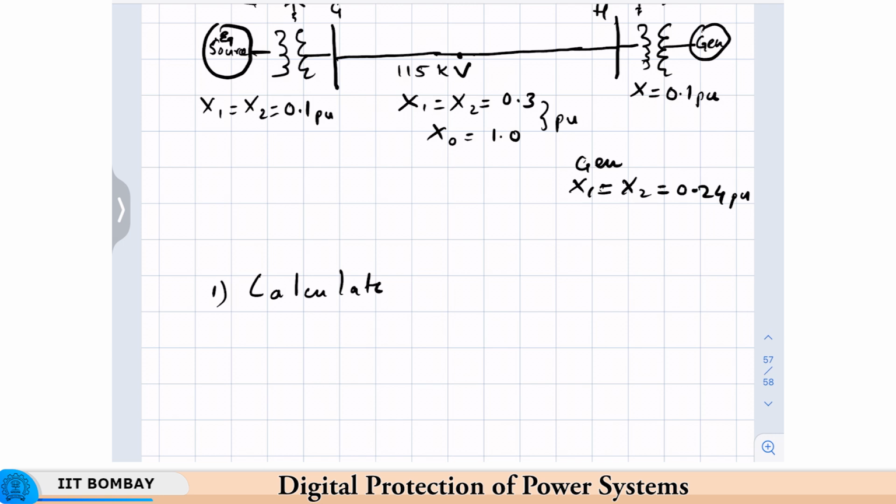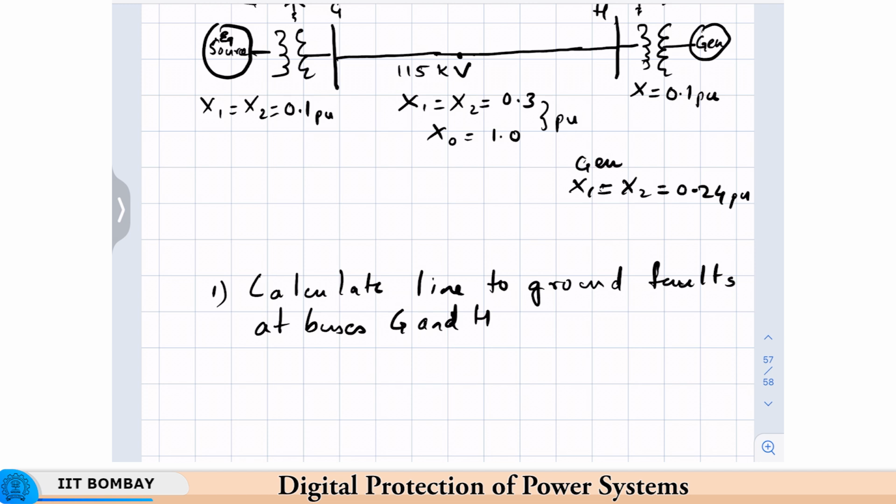Calculate the line to ground faults at G and H and M, which is the midpoint of the line.